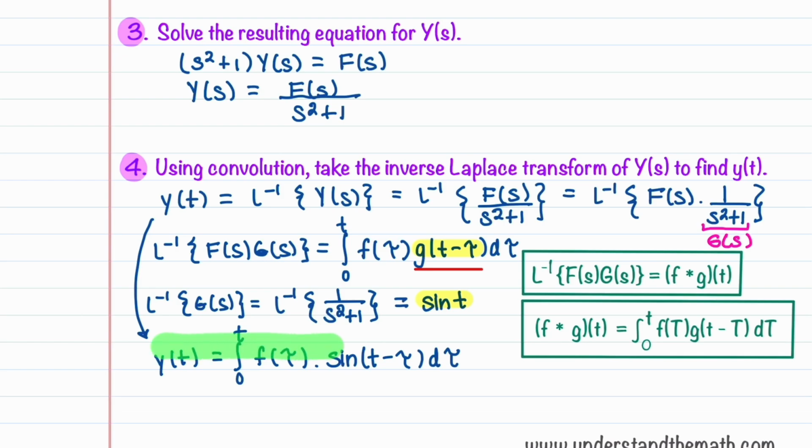And this is the solution to our differential equation. No matter what f(t) is, this convolution integral gives us y(t). That's the power of convolution. And that's it. You now know what convolution is and how to use it to find inverse Laplace transforms and to solve ordinary differential equations.